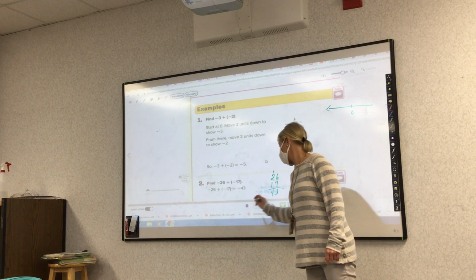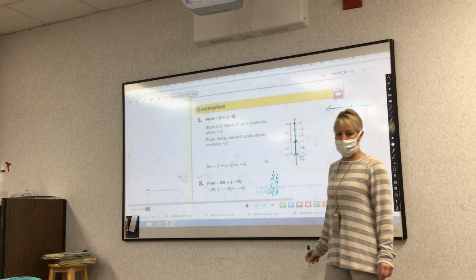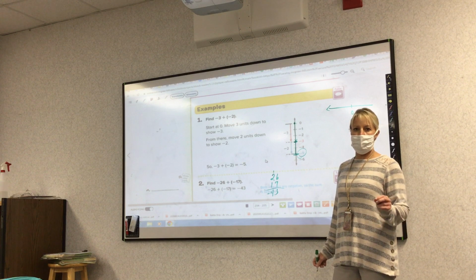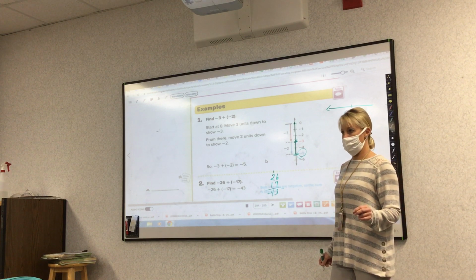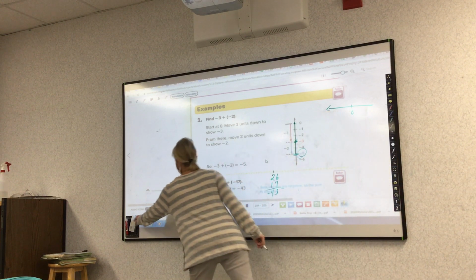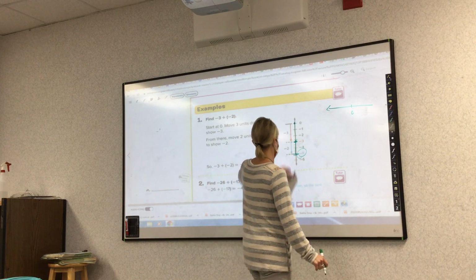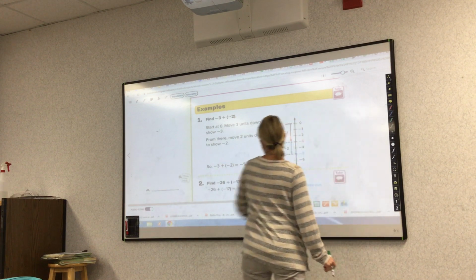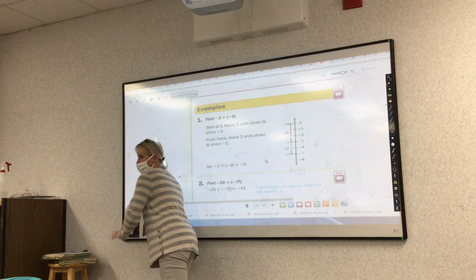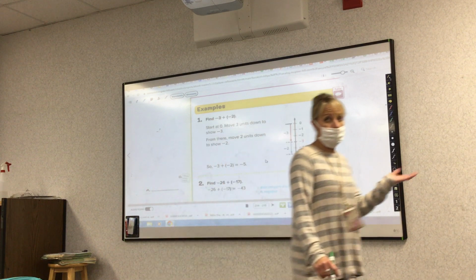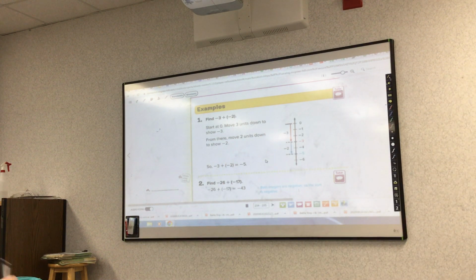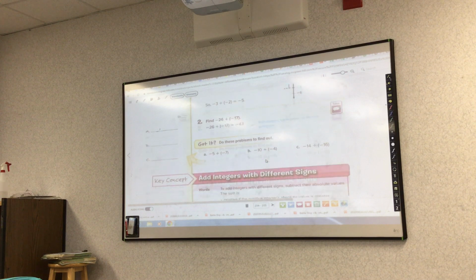But then they're negative, so I'm going to keep my negative sign. Show the work when you're adding larger numbers. So this is adding integers with the same sign, so they're either both positive or both negative.